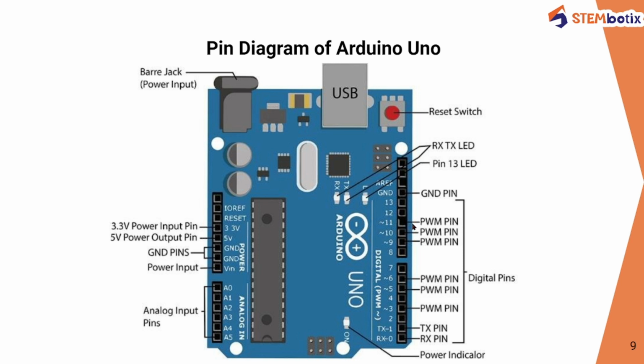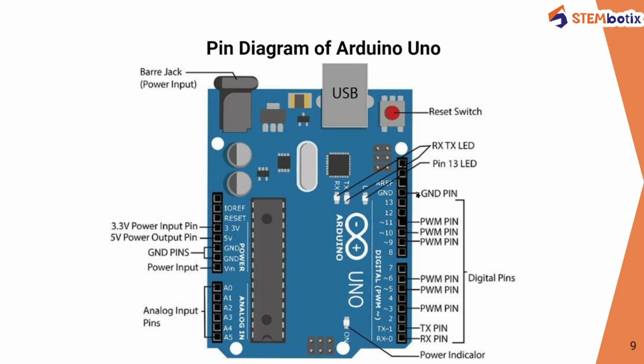Now these PWM pins are pulse width modulation, and they have this kind of sine wave sign before the digit of that particular pin, which is the indication of a PWM pin. As you can see over here, PWM with this particular sign. So these are the pins with PWM.